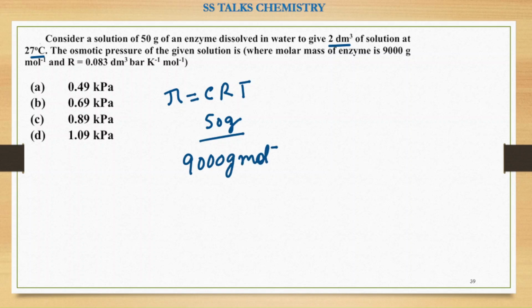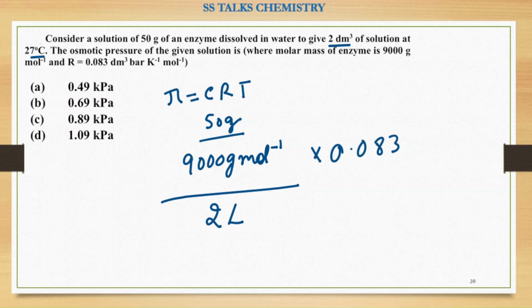And the volume of the solution is 2 decimeter cube or 2 liters, because 1 decimeter cube is equal to 1 liter only, into R, that is 0.083 decimeter cube bar per Kelvin per mole, into the temperature which is 300 Kelvin.